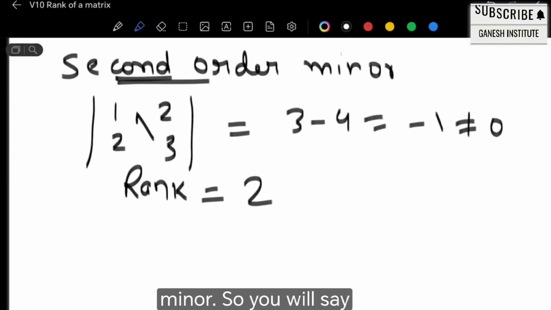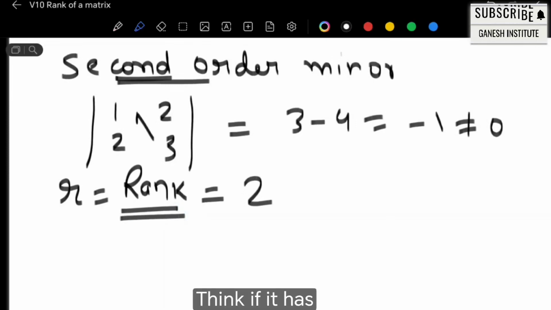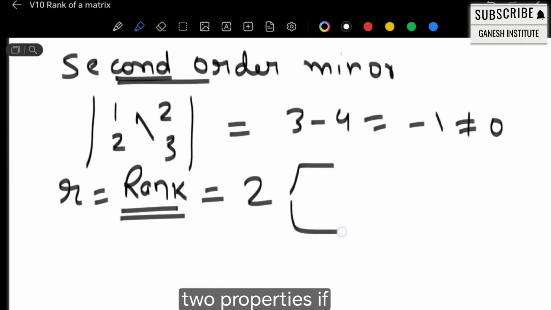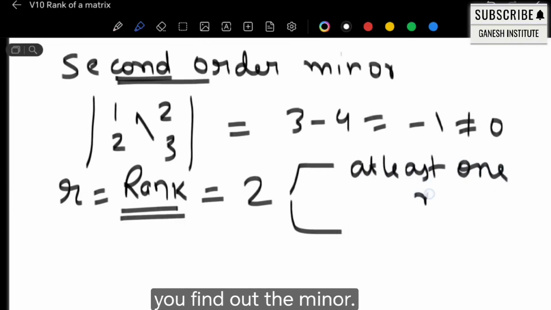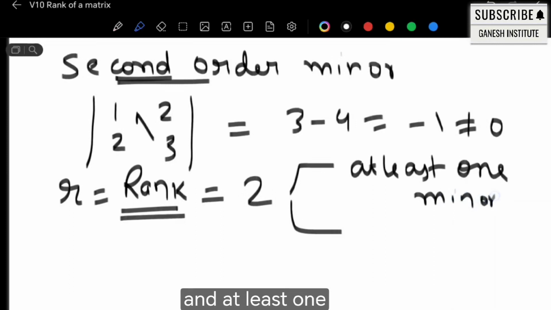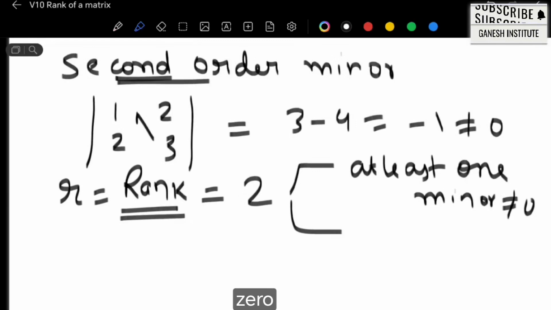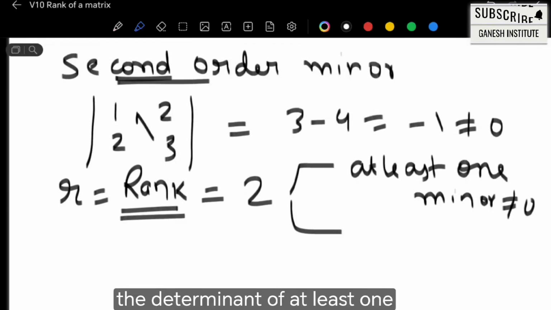So one definition to find out the rank is that you need to find out the minor. We will say a number R is said to be the rank if it follows two properties. Firstly, the determinant of at least one minor should not be 0.